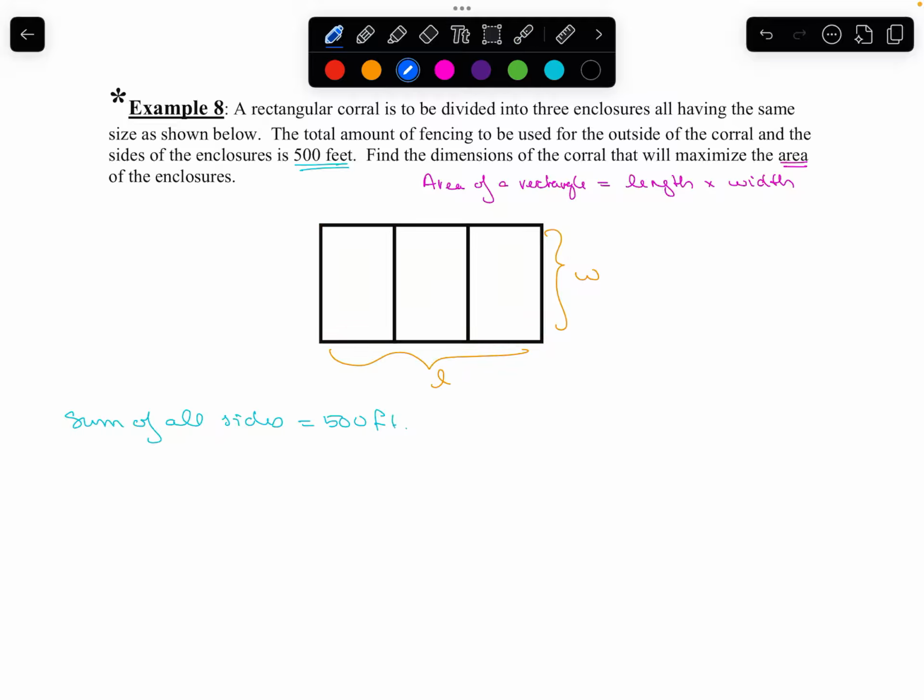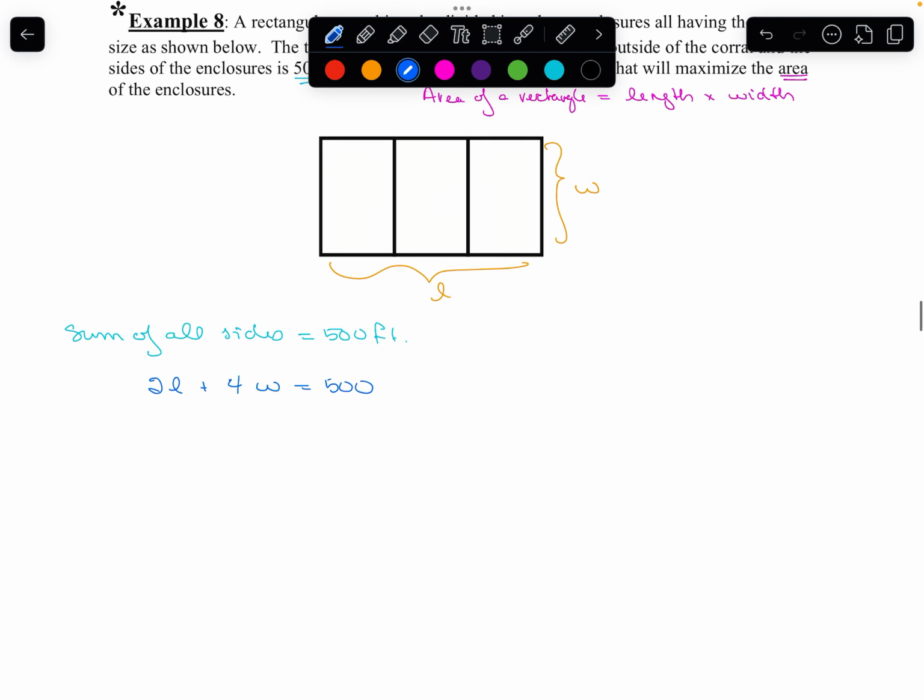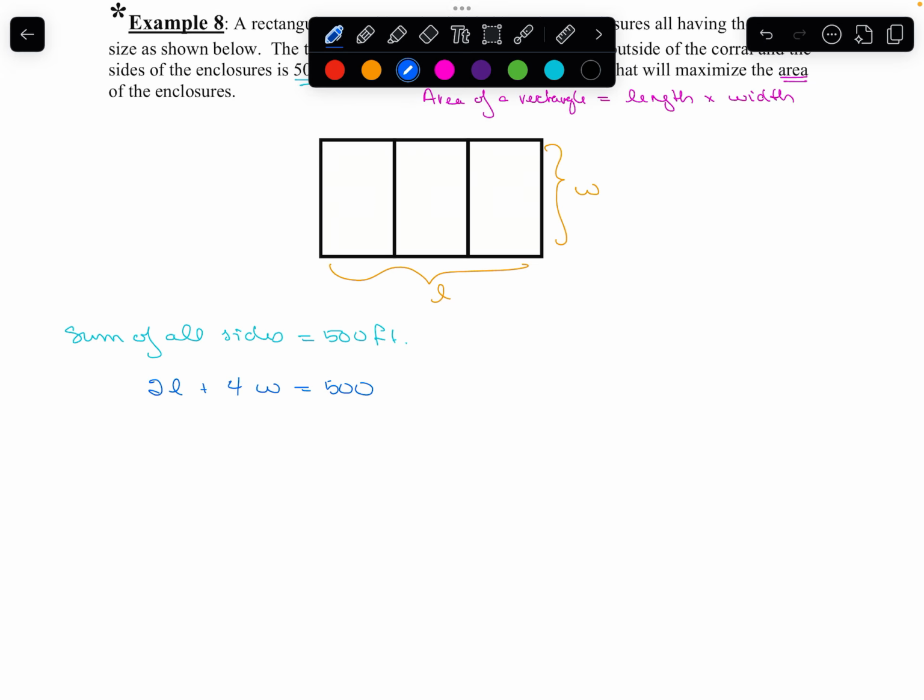So that means we're going to have 2 lengths plus 4 widths equals 500. Notice that they're all divisible by 2, so let's go ahead and divide by 2, so that we have L plus 2W is equal to 250.